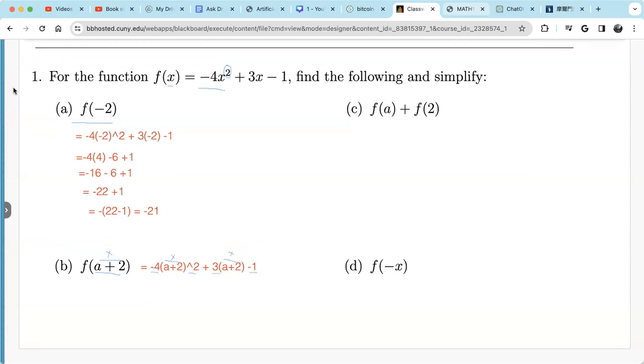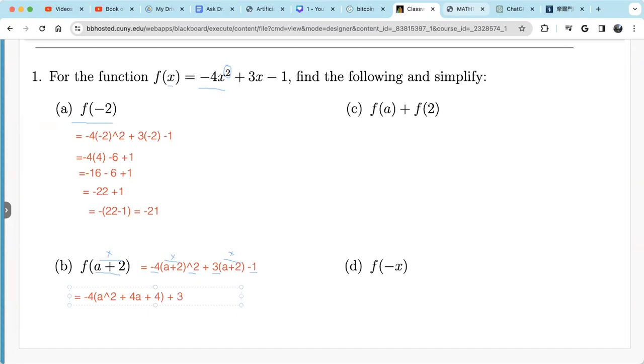Okay, then we just do the calculation, and we have a perfect square. Let me start from here, need more space. So negative 4 times a plus 2 squared, which is a perfect square, a binomial square. So what do we have? We have the first one squared, which is a squared, plus 2 times the first one times the second one, which is 4a, plus 2 squared, which is 4.